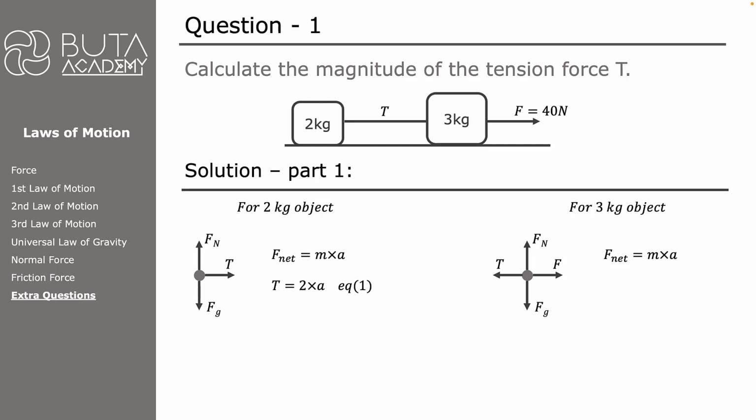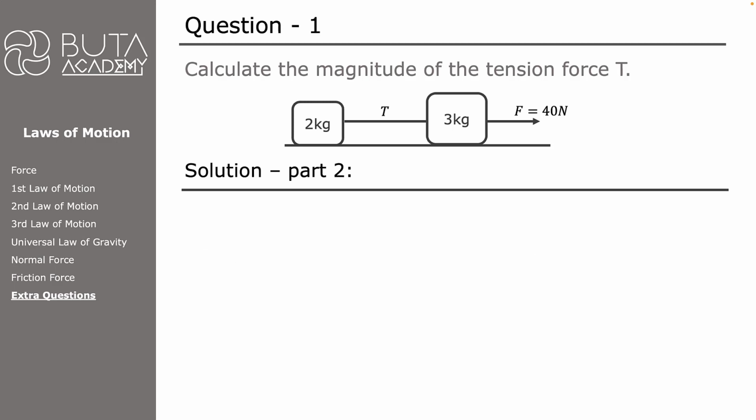The system is moving to the right, so we consider it as the positive direction. On the left side of the equation, net force is equal to the difference of the applied force and the tension force. After substitutions, 40 minus tension force is equal to 3 times acceleration. This is going to be our second equation.